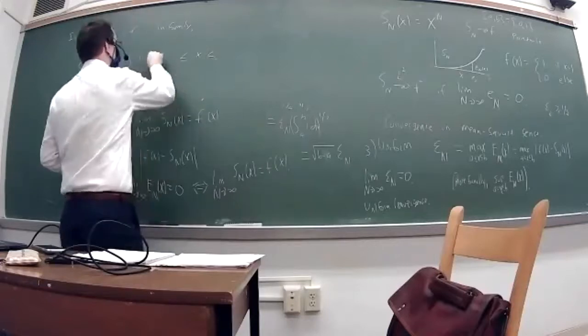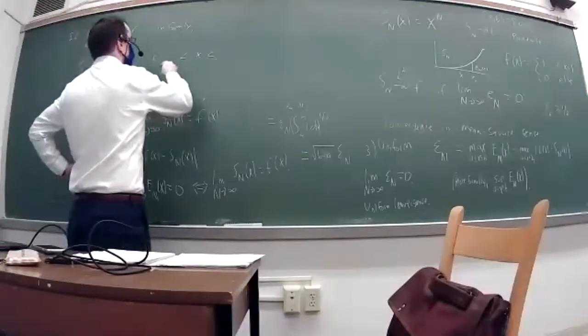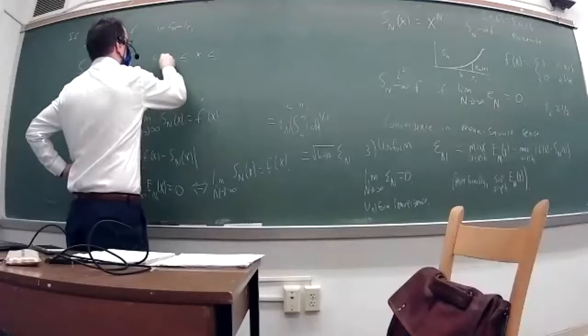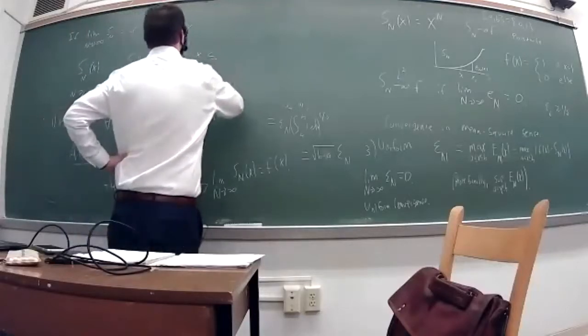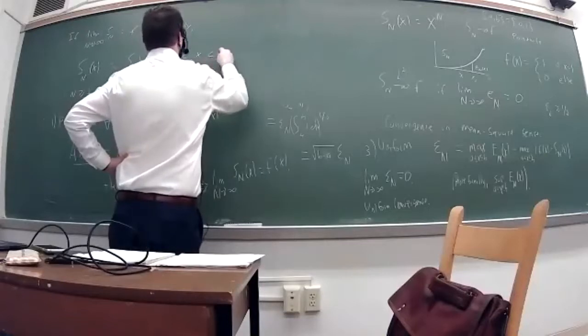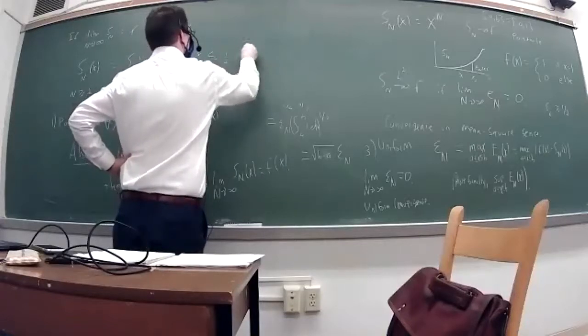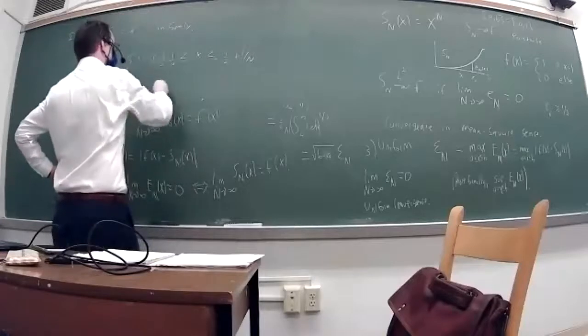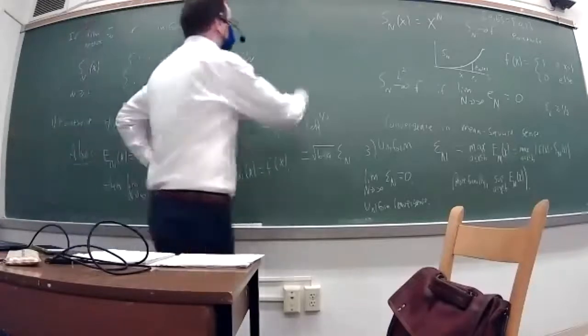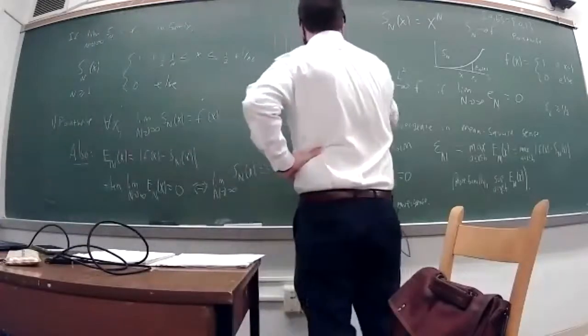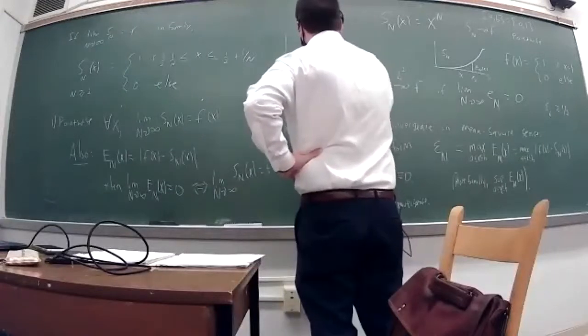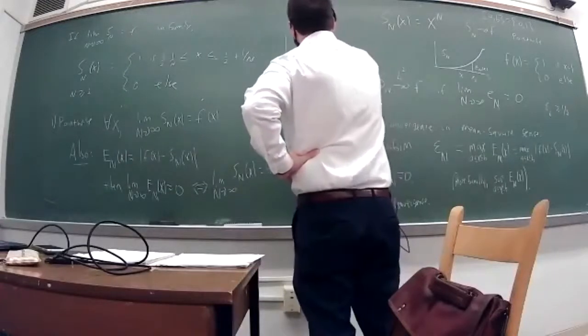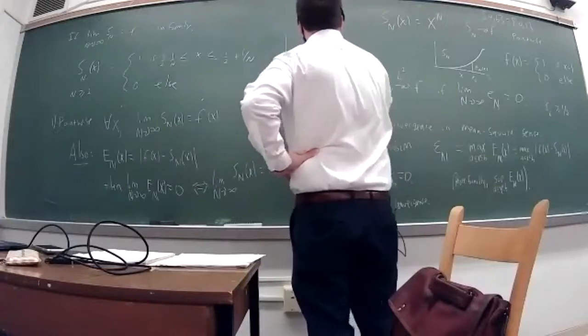It's going to be equal to 1 if x is bigger than 1/2 minus 1 over n and less than 1/2 plus 1 over n, and 0 else. A typical one of these functions looks like that.